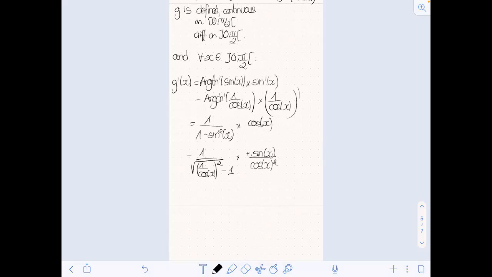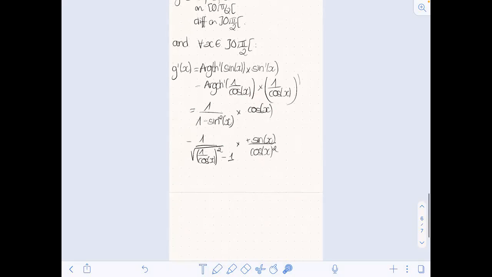Okay, so we now need to somehow simplify these terms in order to get something that we can actually deal with. So can you see anything that simplifies here? Yes, we have 1 minus sine of x squared, which is equal to cos of x squared. So we have 1 over cos of x.